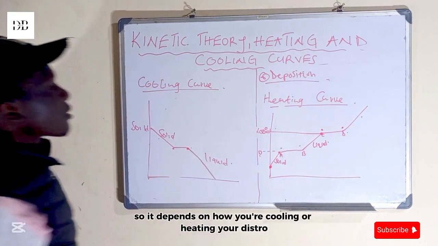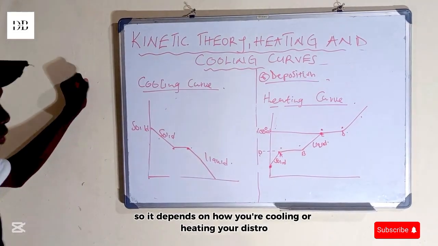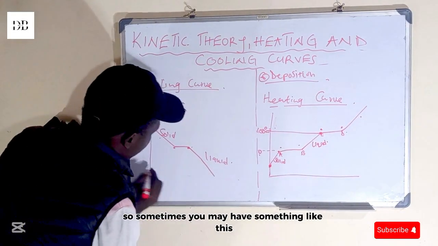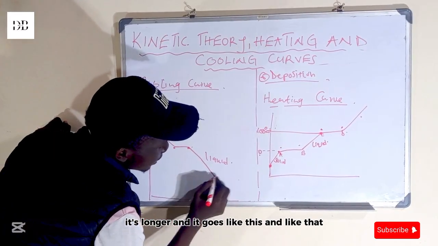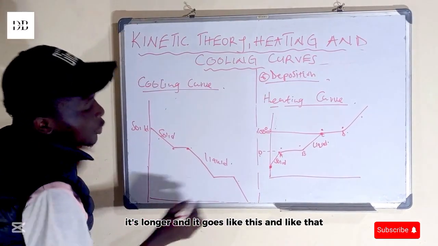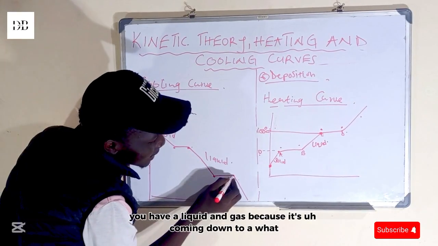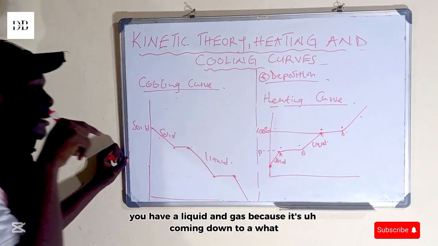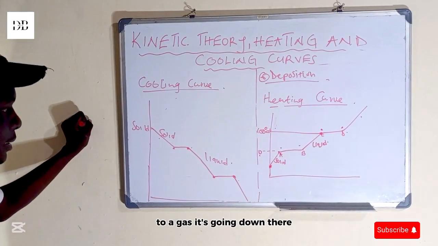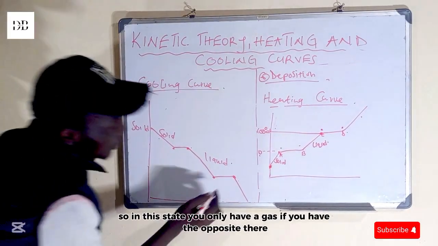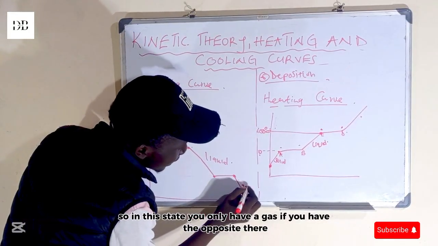So it depends on how your cooling or heating curve is drawn. Sometimes you may have something longer, and it goes like this, then like that. In this state, you have liquid and gas, because it's coming down to a gas. In this state, you only have a gas.